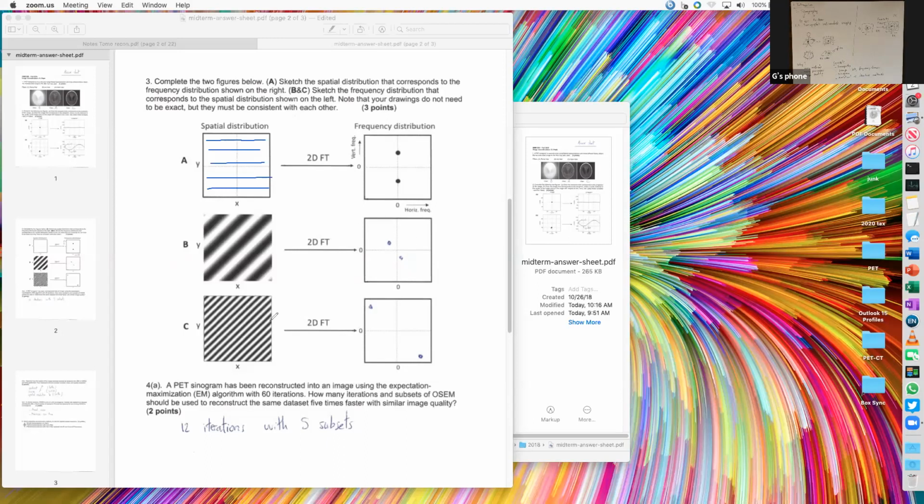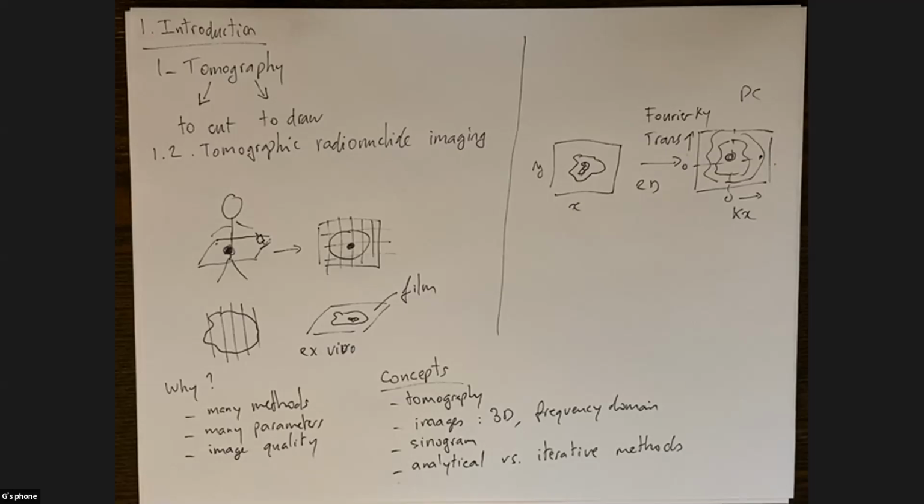If the stripes are more closely spaced, that means there are more cycles per centimeter, so higher frequency. Okay, that was a brief review on that concept in case some of you missed the video. Any question on that? All right. If no question, I will just move on.